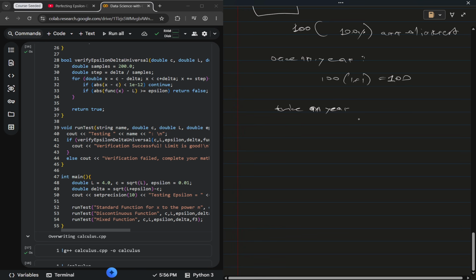So we have this 1 plus 100 percent, then you have half a year earning 50%. So 100 times 1 plus a half, then you can just take the square over here.